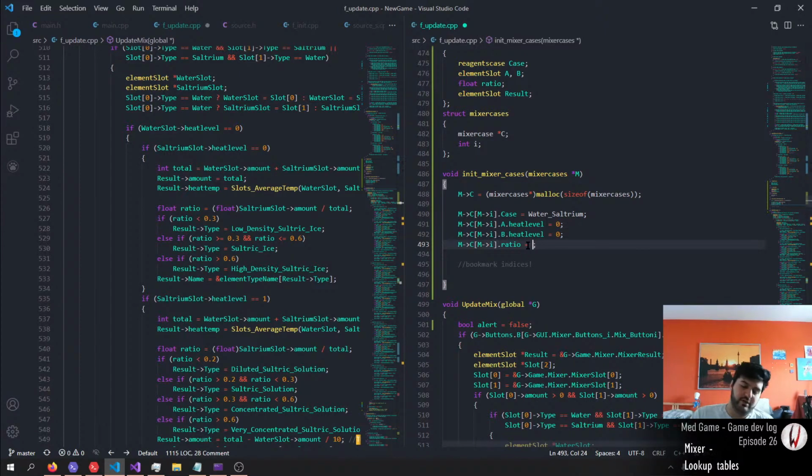Alright, so ratio can have 3 levels, 0, 1, and 2. Int ratio level.